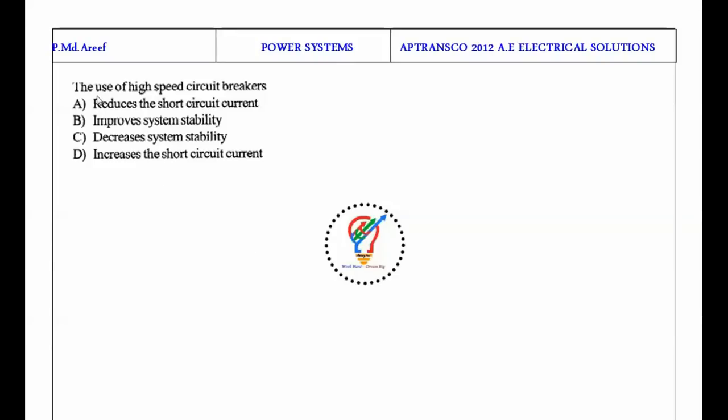The next question: the use of high speed circuit breakers reduces the short circuit current, improves the system stability, decreases system stability, or increases the short circuit current. The option is improves the system stability. Let us take the basics of stability. Accelerating power is the difference between the mechanical or shaft power minus the electrical power.